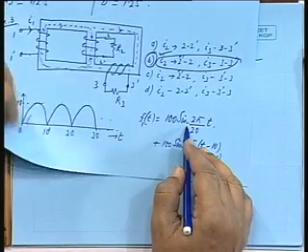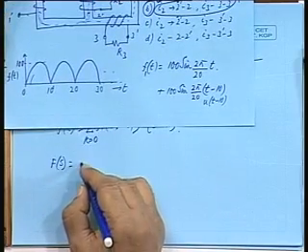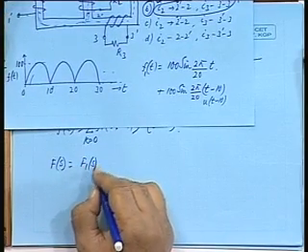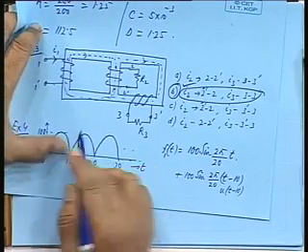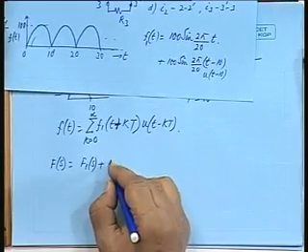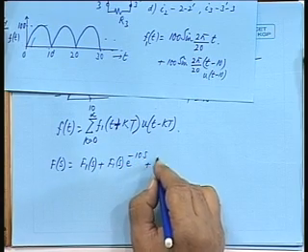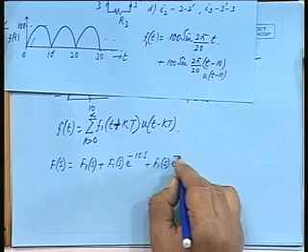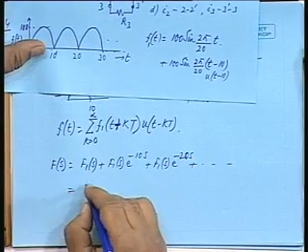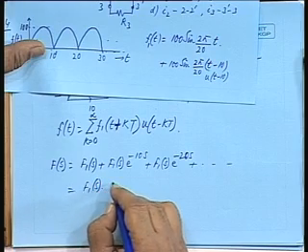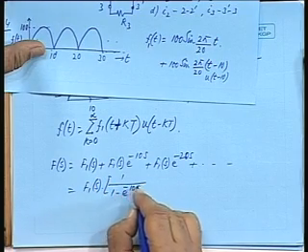Let us again start from the beginning. Laplace transform of this function, if I call it F1(s), so it will be F1(s) plus Laplace transform of this shifted by 10 seconds, F1(s) into e to the power minus 10s, plus F1(s) into e to the power minus 20s, and so on, which means F1(s) into 1 by 1 minus e to the power minus 10s.